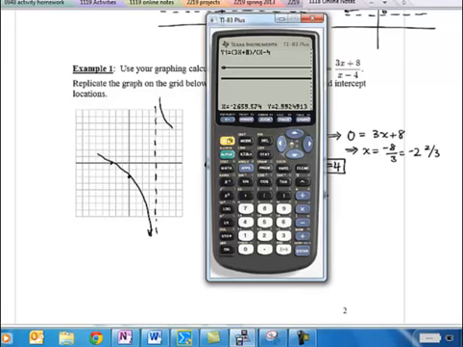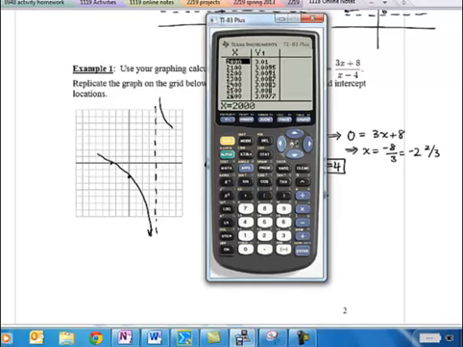Let's set up a table and go on the right side instead. So let's start our table at 2,000 and go up by hundreds. So starting at 2,000 and going up by 100, let's go look at this table. So it looks like we're getting closer and closer and closer to 3.